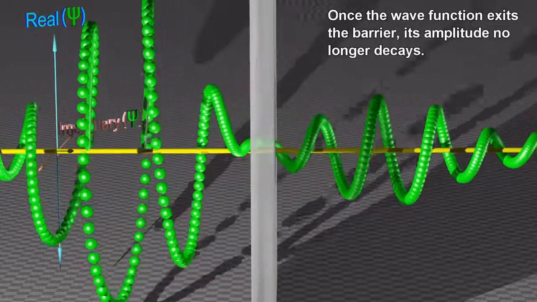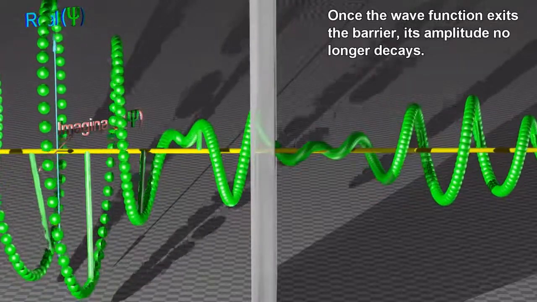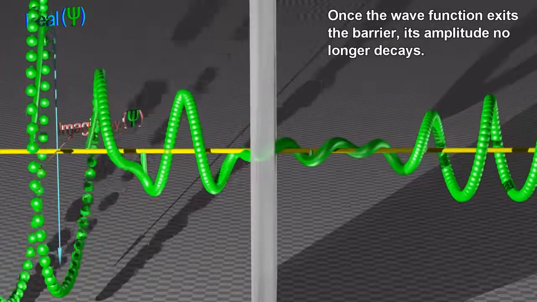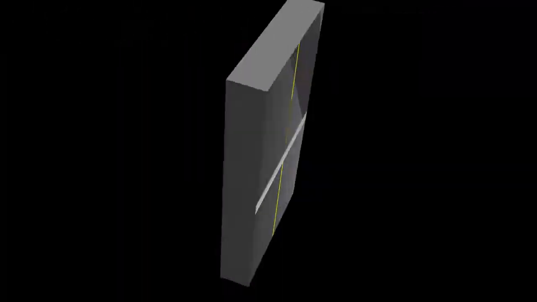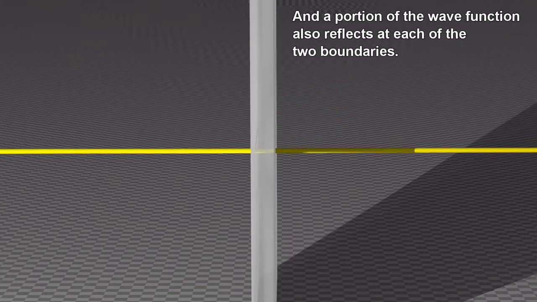Once the wave function exits the barrier, its amplitude no longer decays. A portion of the wave function passes through each of the two boundaries. And a portion of the wave function also reflects at each of the two boundaries.